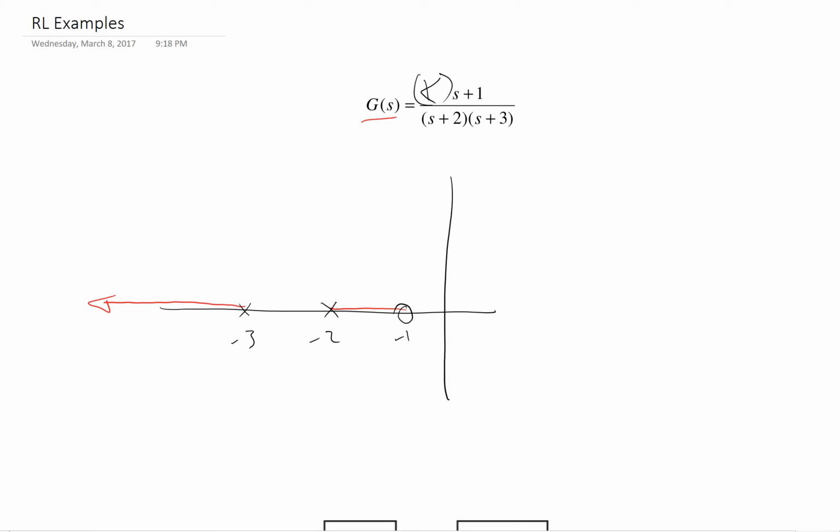And so we're going to start at our open loop poles, and we're going to move to our open loop zeros, or infinity. So these branches are going to go from the -2 to -1, and then the other branch is going to go from -3 to infinity.